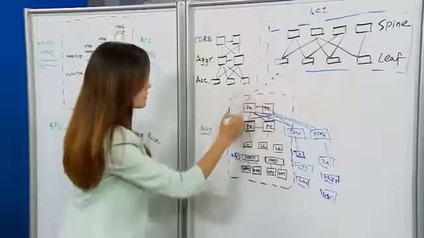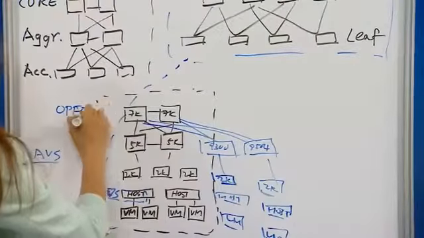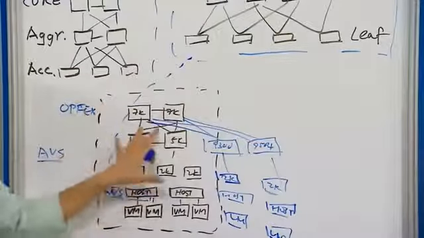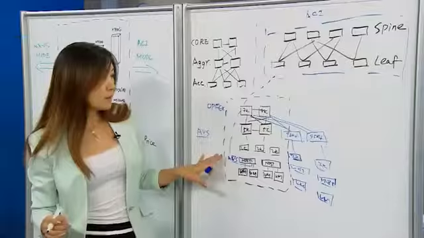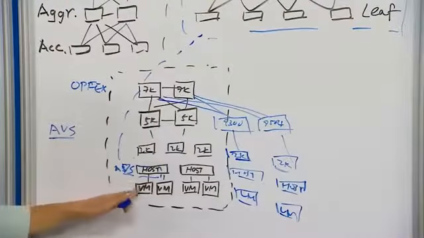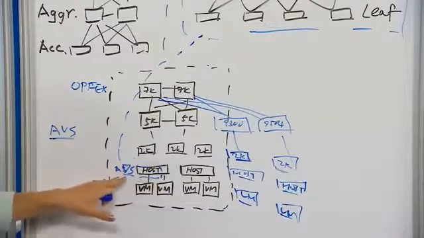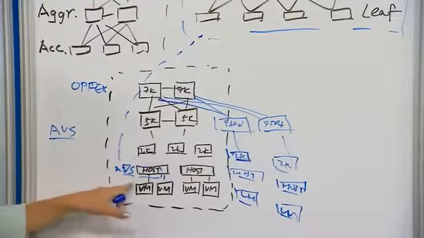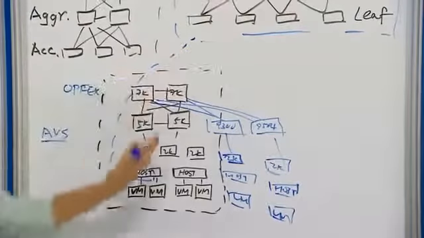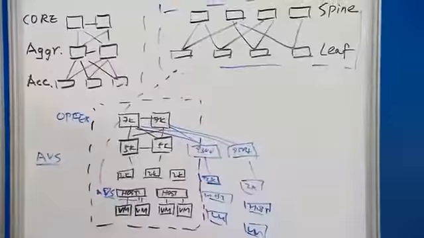It has the OpFlex API to extend the ACI policy model across the existing data center network infrastructure and all the way to the virtual switch. So now you can have the policy model stretch over the existing pod to the virtual switch in your hypervisor. Then you can seamlessly migrate your VMs from the existing network to the ACI fabric, or run your application workloads between these two data center environments.